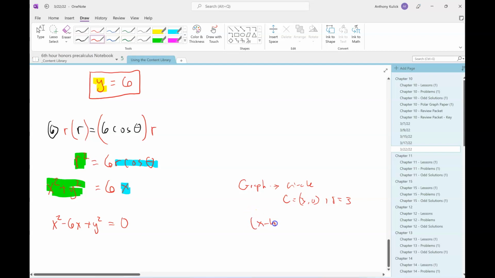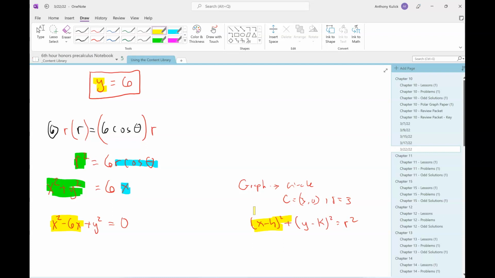If you remember the equation for a circle, (x minus h) squared plus (y minus k) squared is equal to r squared. So somehow I'm going to need to take this x squared minus 6x piece and make it look like that.